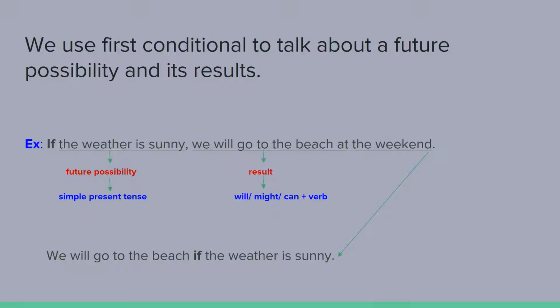Please remember that we don't have to use if at the beginning of the sentence. Now I will tell you how you can use if in the middle of the sentence. We will go to the beach if the weather is sunny. Here we wrote the result section first.